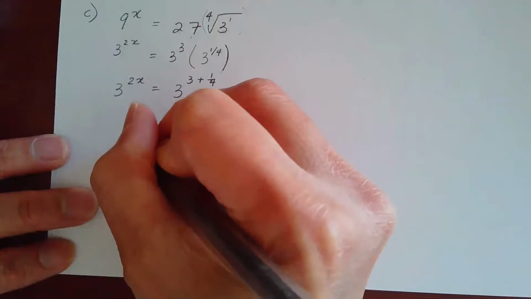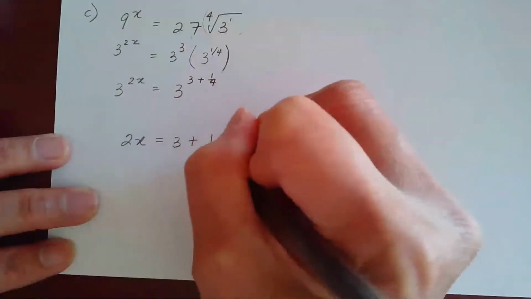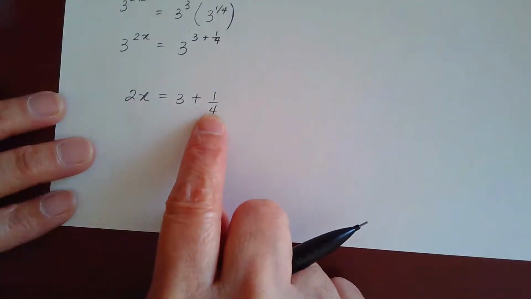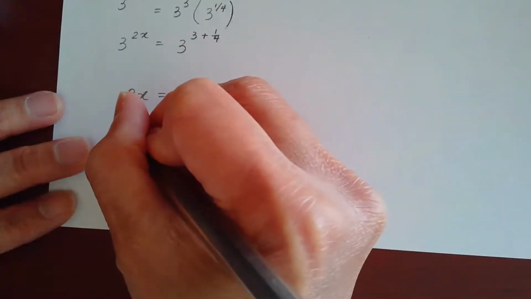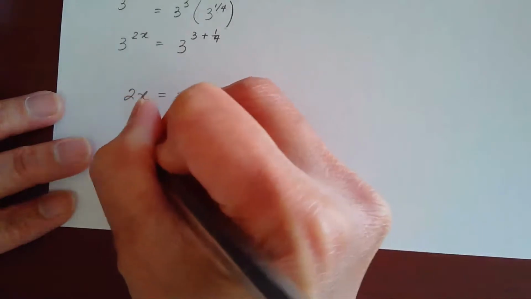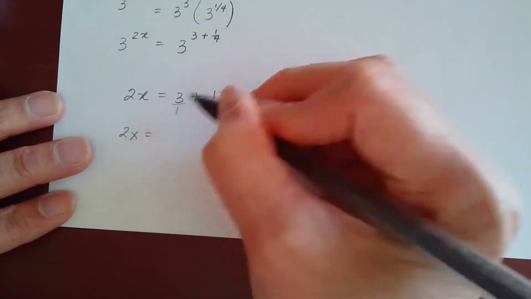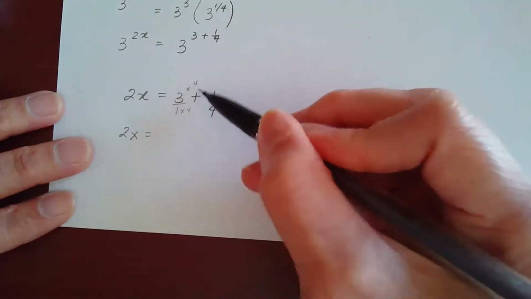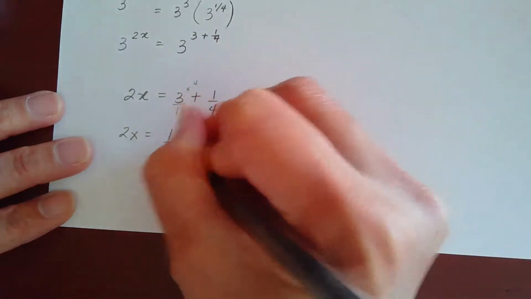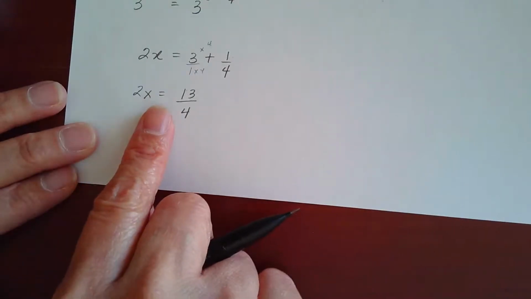So 2x equals 3 plus 1/4. If we want, we can use 3 and 1/4. For 2x, we need to have the same denominator, so times this by 4, that's going to be 12 plus 1, so 13 fourths, and then divide both sides by 2.